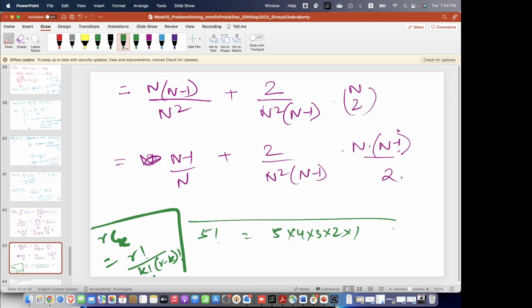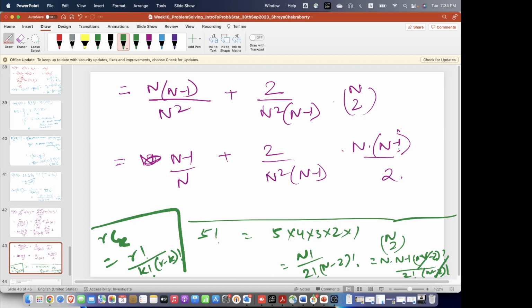So if we have nC2, this is n factorial by 2 factorial, n minus 2 factorial. So the upper part we can write as n into n minus 1 into n minus 2 factorial by 2 factorial into n minus 2 factorial. This cancels and we are left with this term. This is not a generic formula. This is where people get confused and make mistakes, so please be very wary of the situation. You should not directly substitute this formula and use it. Use your own judgment, calculate, and then substitute the values.